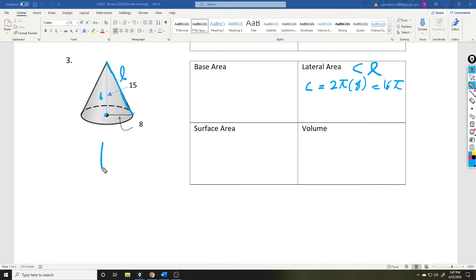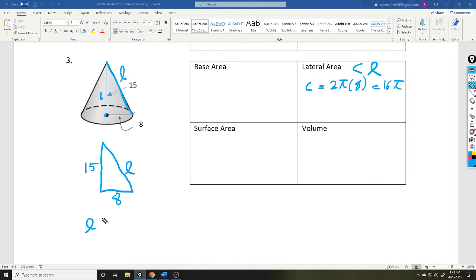So let me just draw the triangle again down here. Here's our height. This one's our height. It's 15. Here is our radius, distance from the center out. It's 8. And then here's my slant height. So this is where Pythagorean Theorem comes in.